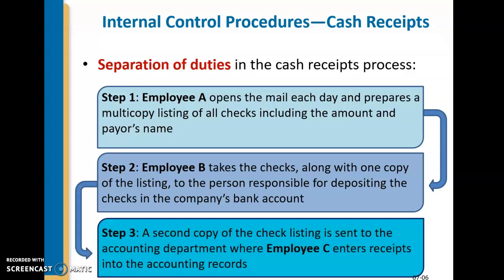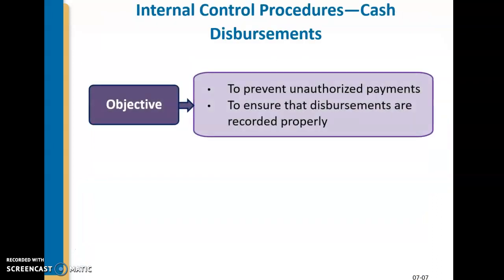And Employee C in the accounting department receives a different copy of the check listing and enters the receipts into the accounting records, the books and records. And finally, an entirely different employee would be responsible for preparing the monthly bank reconciliations.